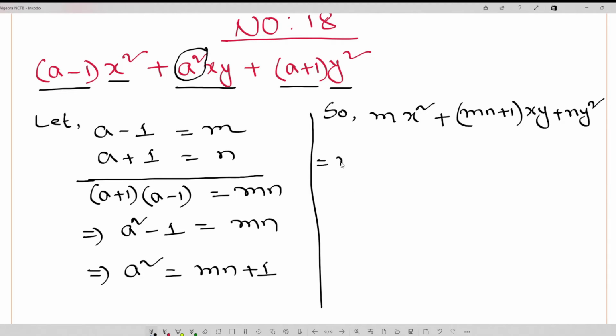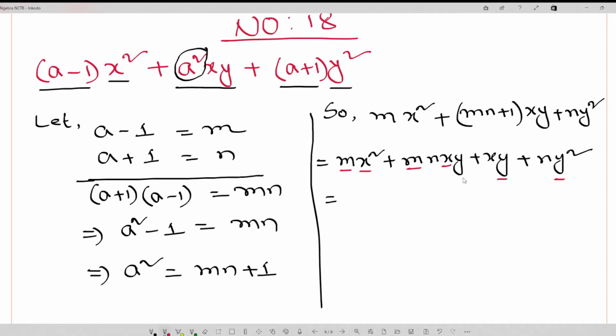Now this is mx² + mnxy + xy + ny², right? Now look, what is the common thing in here? This is m, this is x², and here is also m and x, and here is only y.